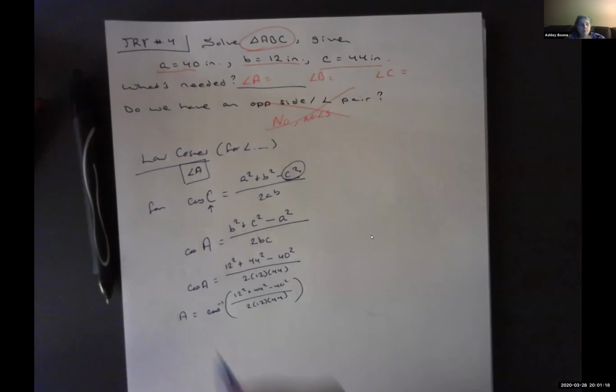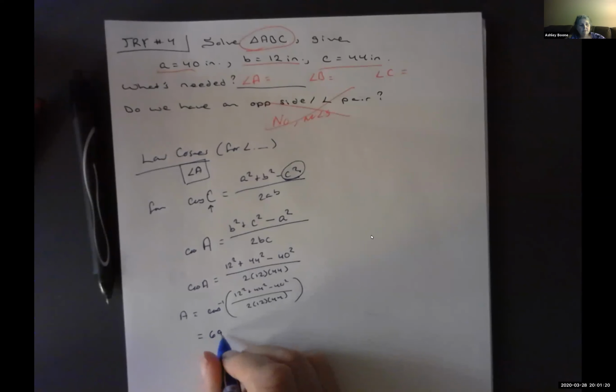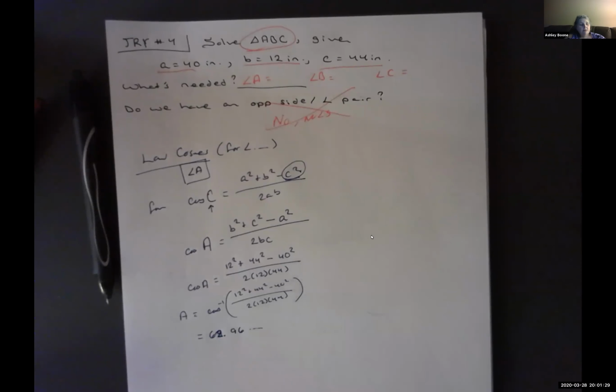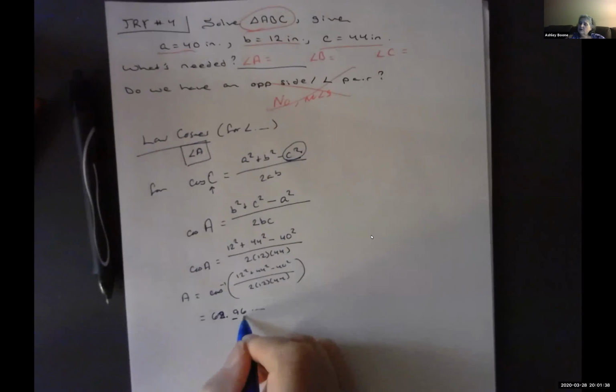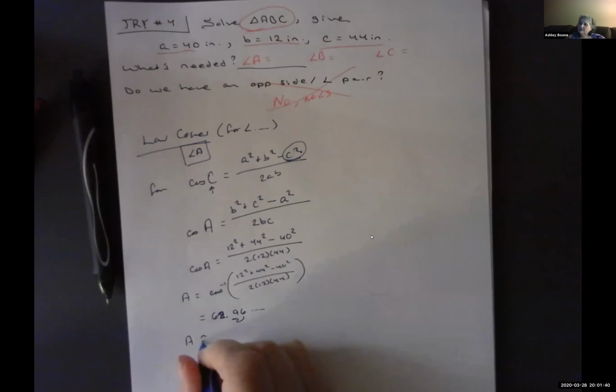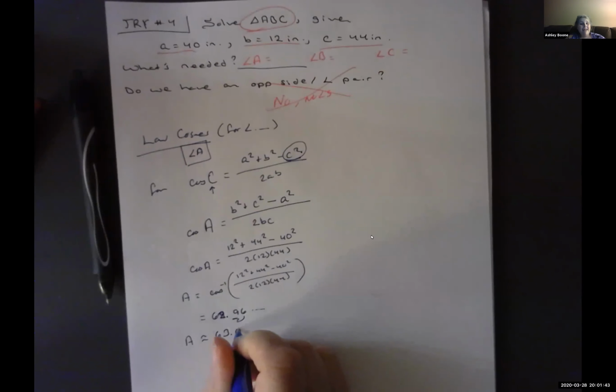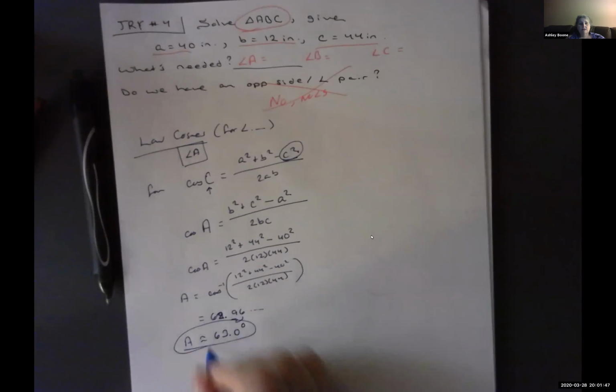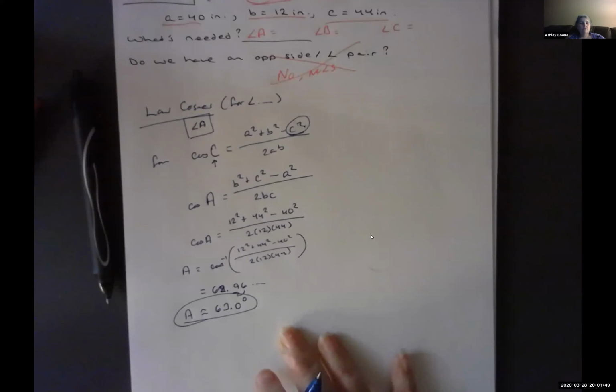And I end up with 62.96, and so on. So that's my A. If we round to the nearest tenth, that's going to round up. So A is approximately 63.0. A is an angle, so it's in degrees. A is approximately 63.0 degrees.